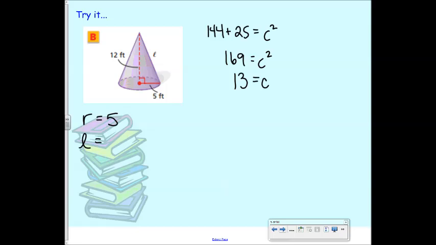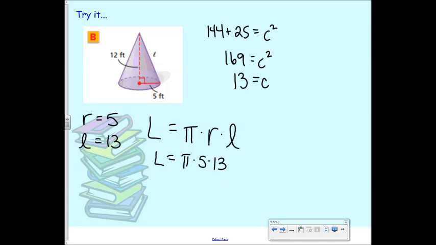So now I just plug them in. Lateral area is equal to pi times r times L. So that would be pi times r times L, 5 times 13, which is 65.